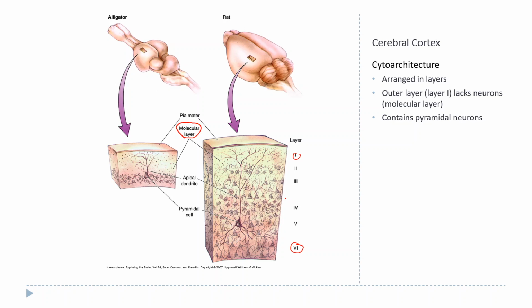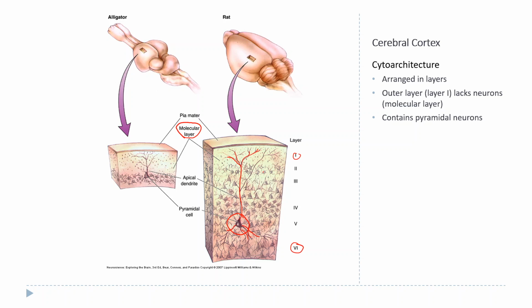Another distinctive feature of the cerebral cortex are these big, giant neurons called pyramidal cells. Pyramidal cells are called that, I think, mostly because of their shape. What's interesting is that they have a very distinctive dendritic arbor, where you have several basal dendrites that radiate out from the cell body and fan out into the same layer, maybe 1 or 2 layers above, but then one apical dendrite that goes up away from the cell body and can branch along the way, but eventually branches out into the molecular layer.